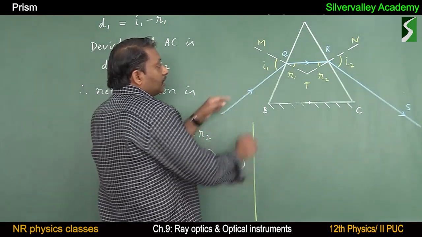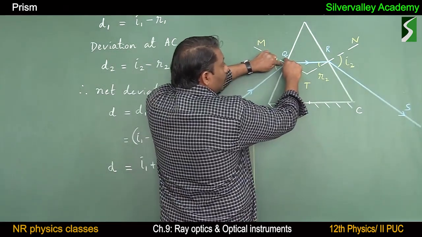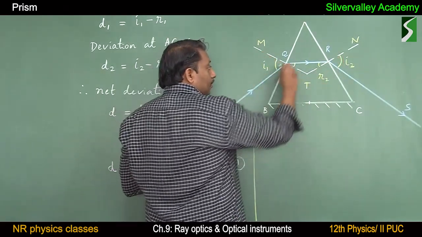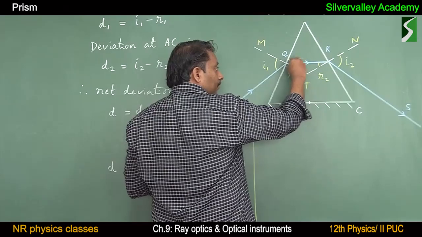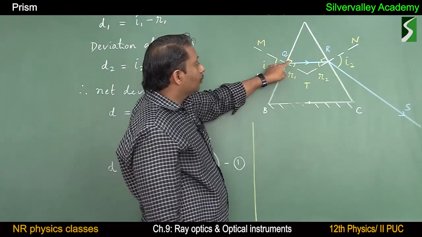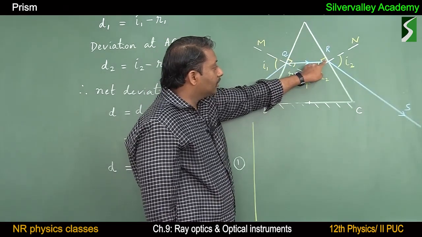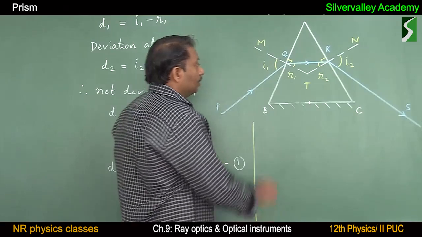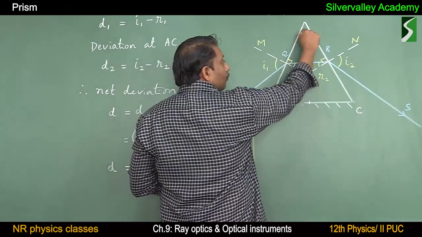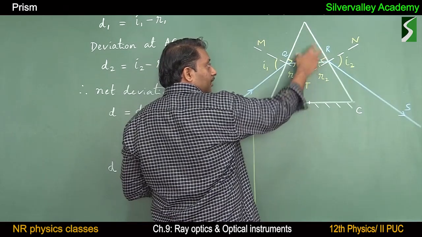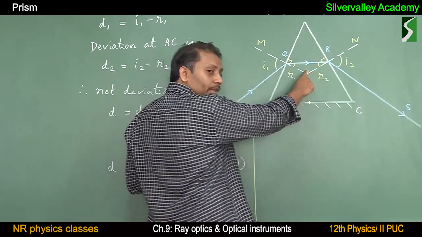Now, consider this quadrilateral QART. This angle is 90. This angle is 90. So, opposite angles sum to 180 degrees, which means it becomes a cyclic quadrilateral. Sum of 4 interior angles is 360. These two are 180. Therefore, sum of these two should be 180 degrees.